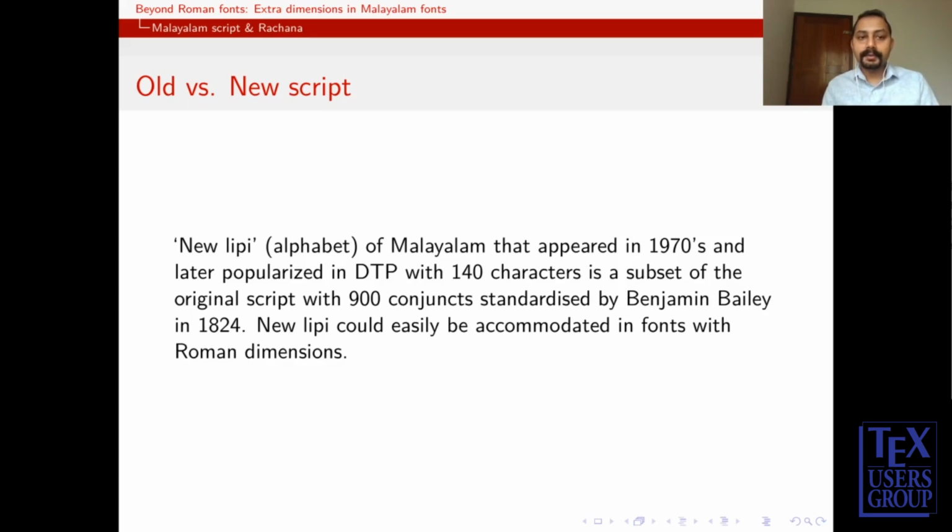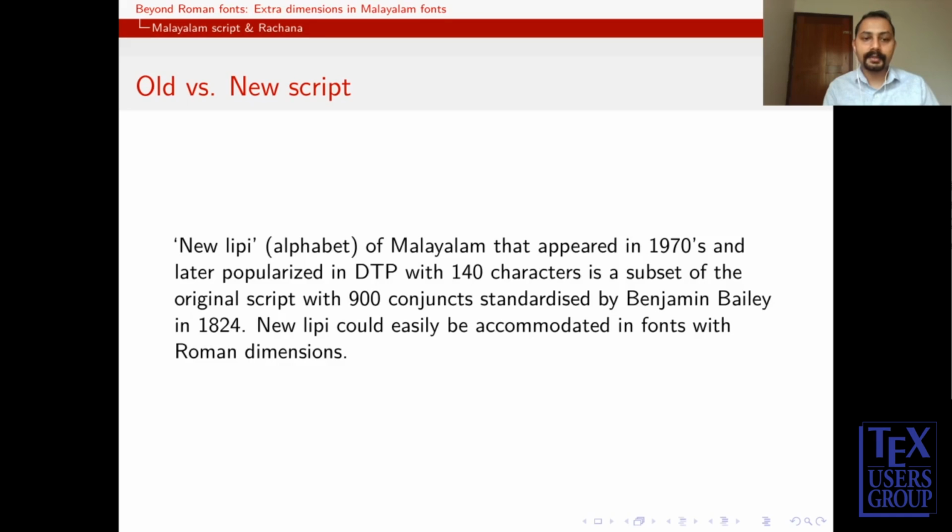Malayalam has two distinct scripts, writing systems. The first one is the traditional script, which has evolved over many centuries. And the second one is called the Reformed script, which originated in the 1970s to accommodate typewriters.